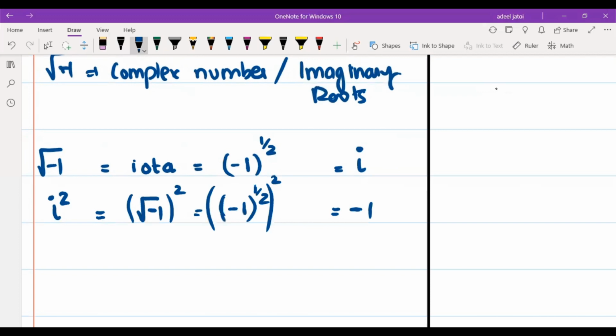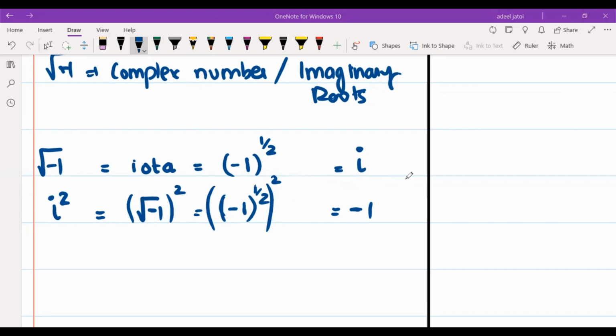That means iota square value is always -1.